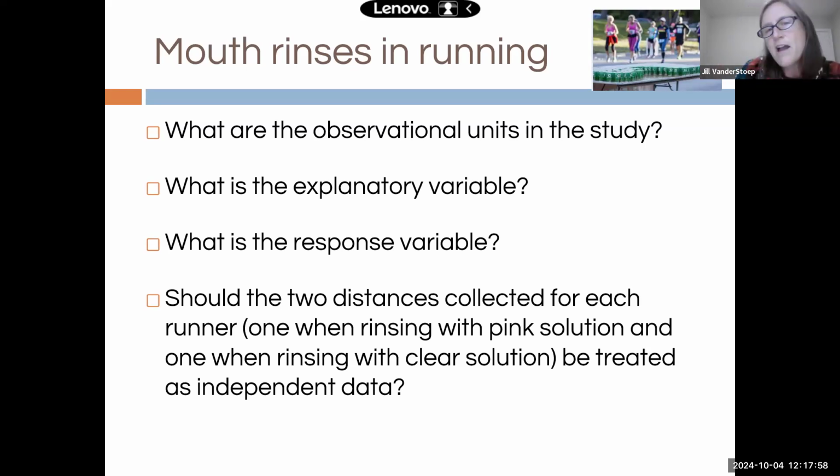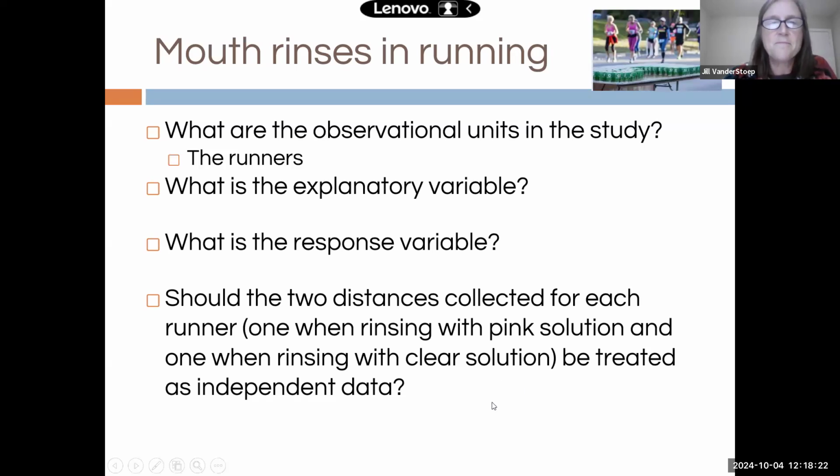So what are the observational units in this study? Go to your chat. Don't hit enter yet. And go ahead and hit enter. Yep, the people or the runners are the observational units.